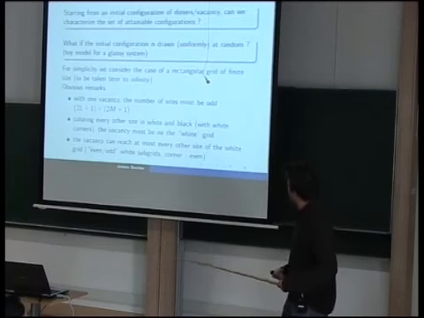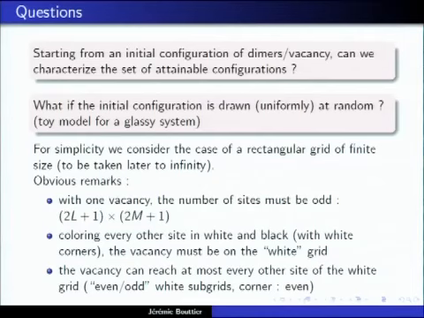The question we want to ask is, if we start from an initial configuration of dimers and one vacancy, what can we say about the different configurations of dimers that we can reach by doing a succession of these moves? Of course, the typical question is, what if the initial configuration is itself random, for instance taken uniformly in the class of configurations of the dimer model on a finite lattice?